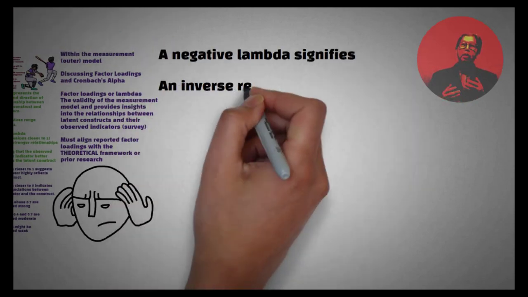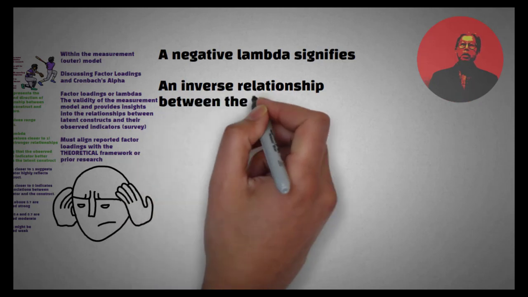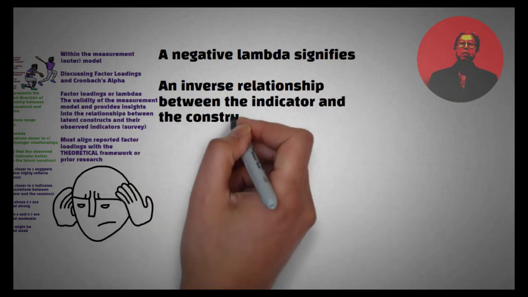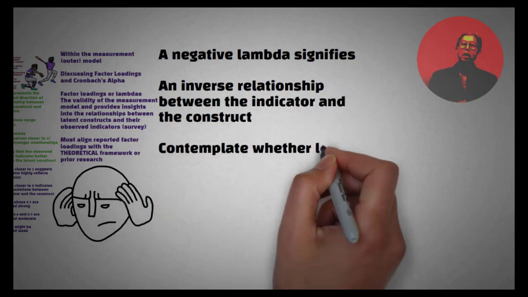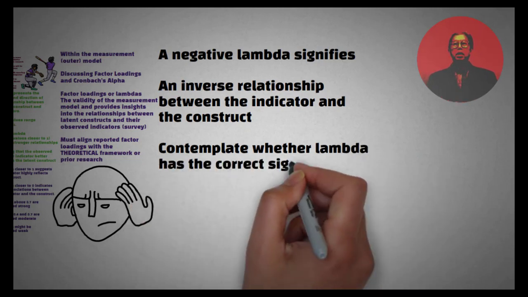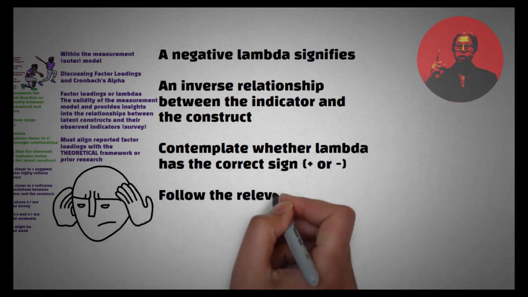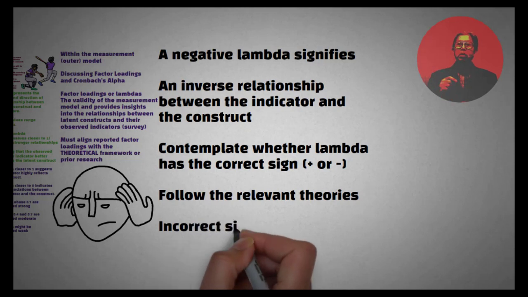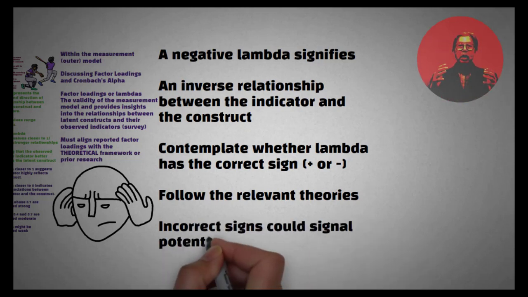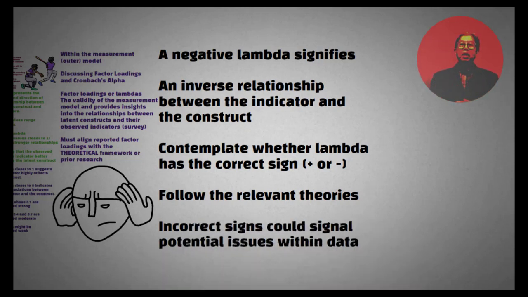Negative lambda signifies an inverse relationship between the indicators and the construct. However, you must always contemplate whether lambda has the correct sign, plus or minus, to follow the relevant theory literature.